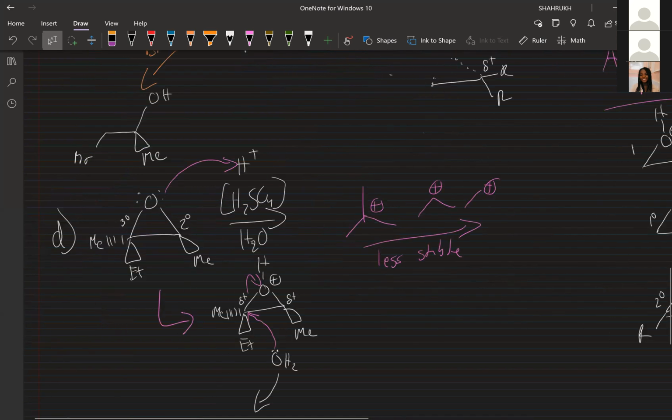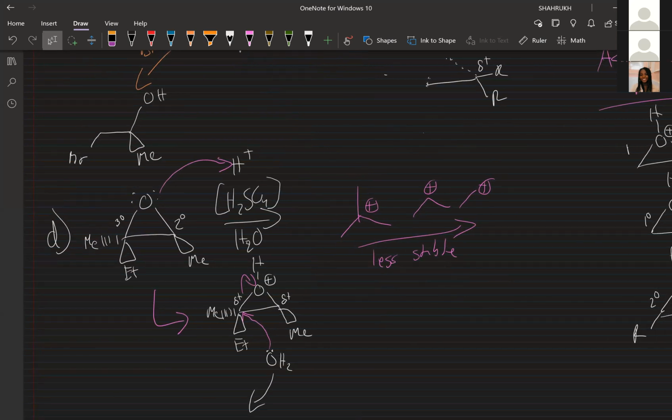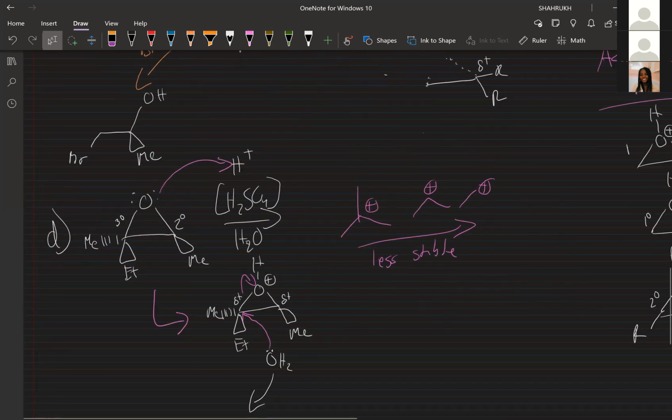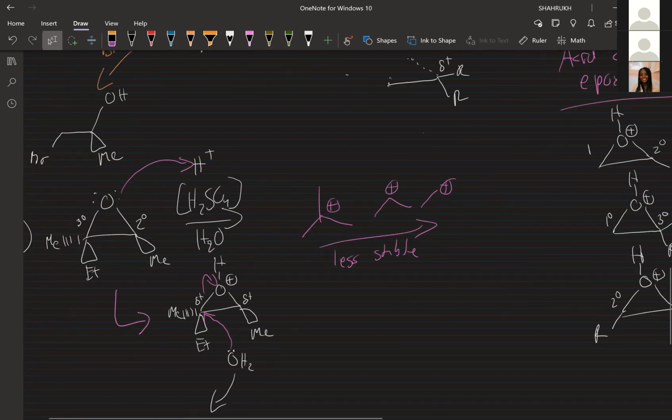But essentially, if you see an epoxide reaction and you see an acid present, follow these rules. If you see an epoxide reaction with a strong nucleophile, just go for the least sterically hindered position. So primary versus secondary, steric hindrance affects the most; secondary versus tertiary, electronic; and primary versus tertiary, electronic. Yep, exactly what you said there and what I wrote on the side here.